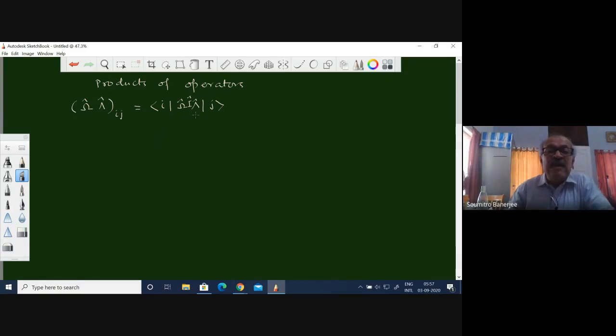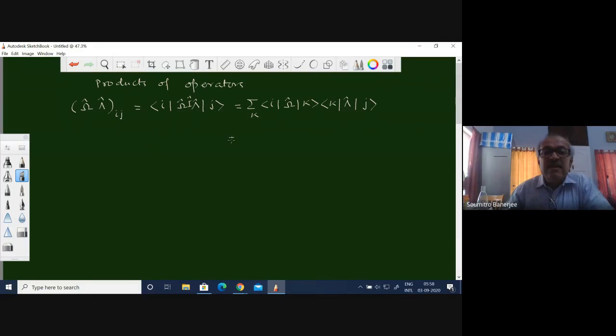Now if you put the I there, then you can expand that as the I, then omega, then I will be written as some k, and then we have to sum over all k, and then it is this omega operator j, right?